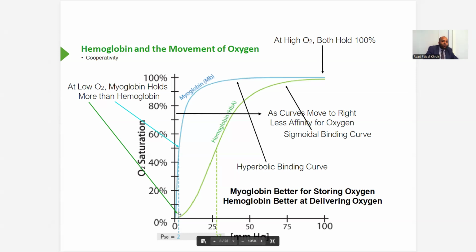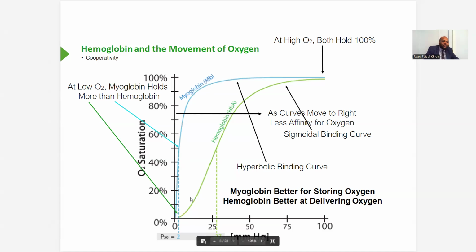Hemoglobin at 10% almost has 75% oxygen. So it didn't let go. At a partial pressure of 25, at a tissue that has only 25% oxygen, hemoglobin is only having 40%. So that means it let go 60. Look at myoglobin. It has almost 90%.